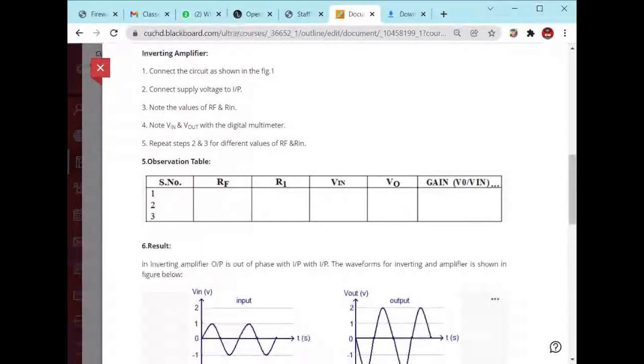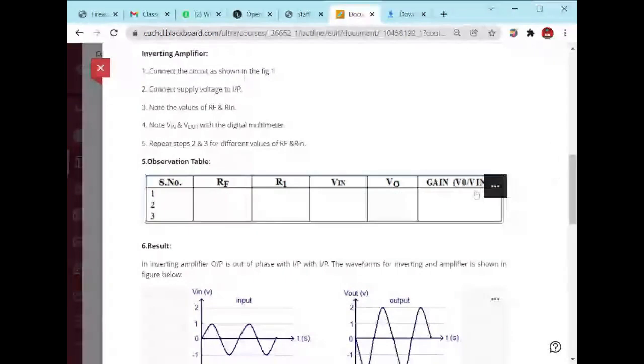Then you have to find these values for the input and output with a digital multimeter, and repeat this step for 2 to 3 readings by varying the values of RF and Rin. First you take the value of RF, then R1, and you calculate the voltage level right here and find out the gain.